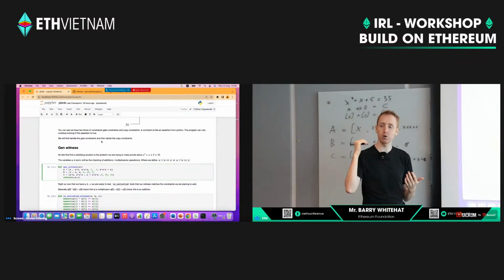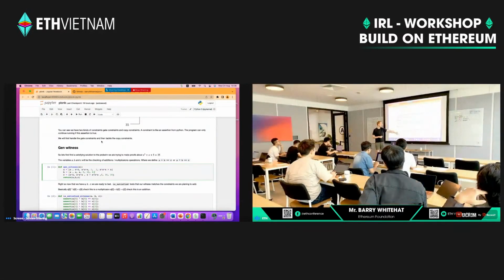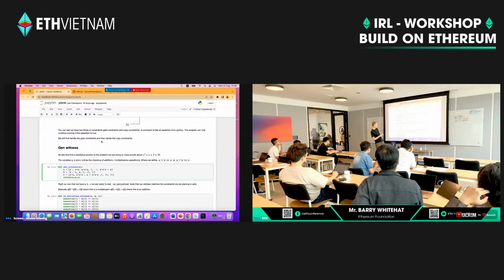We're listing every single thing from the most basic thing, and that includes things you might imagine you don't need to do, like 5 equals 5. So we're doing 5 equals 5, we're doing 35 equals 35, and then we're doing x cubed plus x plus 5 is 35.